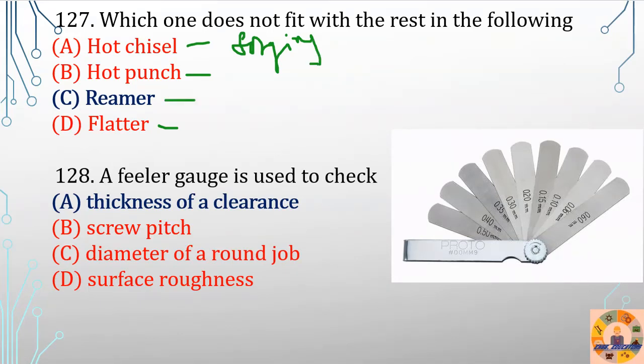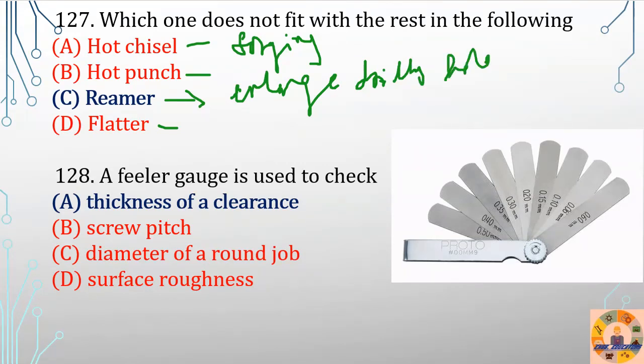Only reamer is the odd one, because reamer is used to enlarge a drilled hole. Next question, filler gauge is used to check thickness of a clearance. This is the filler gauge. It is used to check the thickness of clearance.